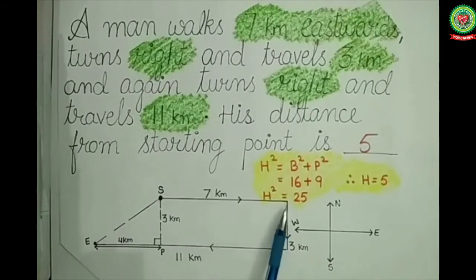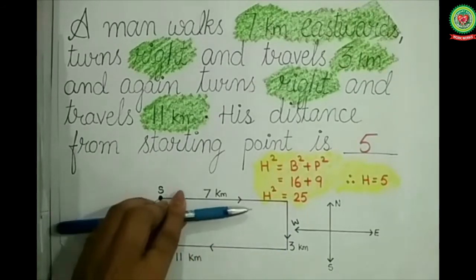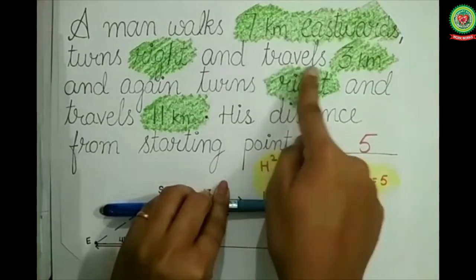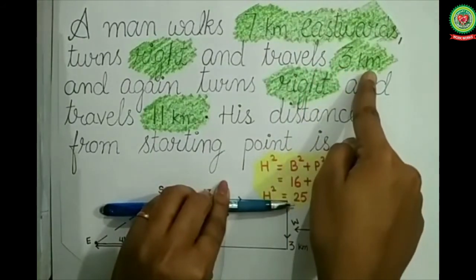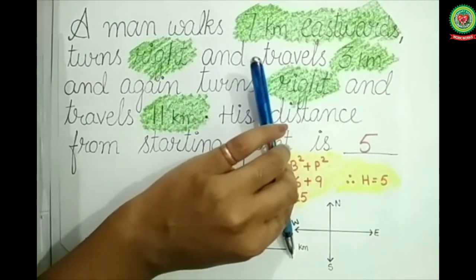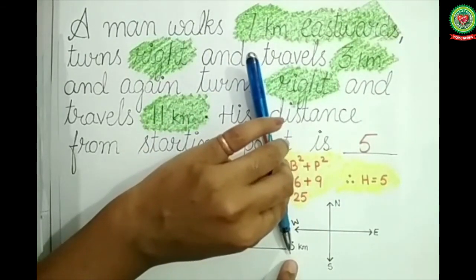Then after traveling 7 kilometers, he turns to his right side. If the person is walking in this direction, then it will be the right hand side of that person. So on the right hand side, he is traveling 3 kilometers. That is, he is traveling in this direction by 3 kilometers.